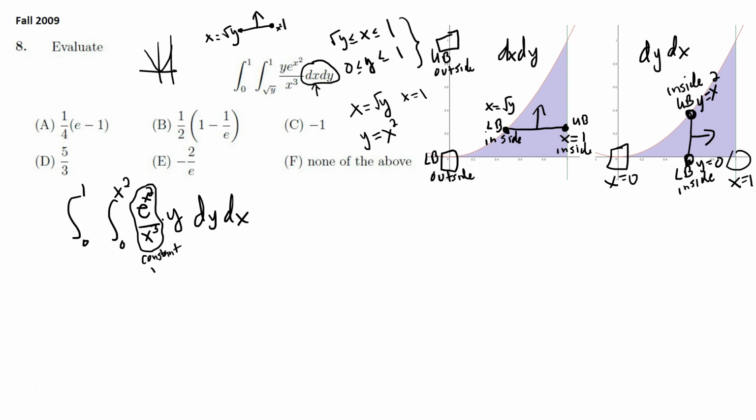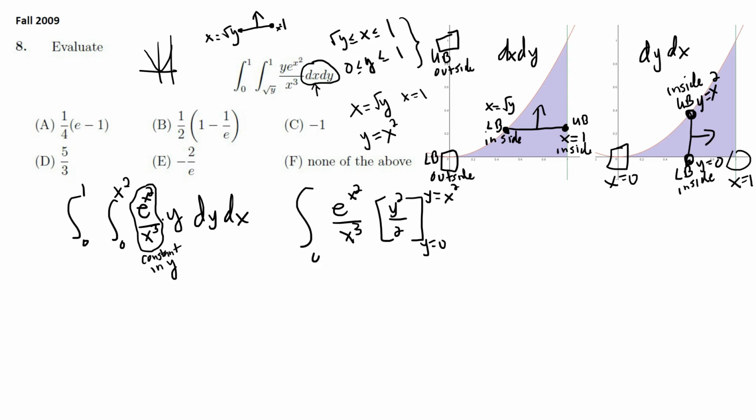And so you just copy that part down, e to the x squared over x cubed, and you integrate y and get y squared over 2. And it's that term in which you plug in y equals 0 and y equals x squared.